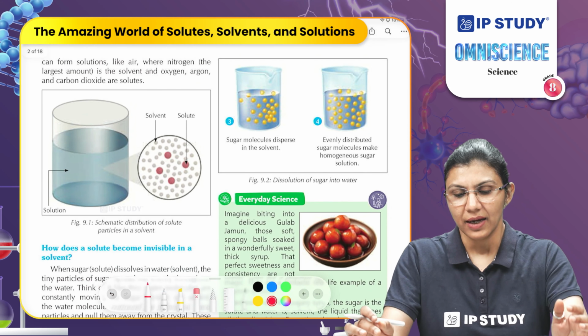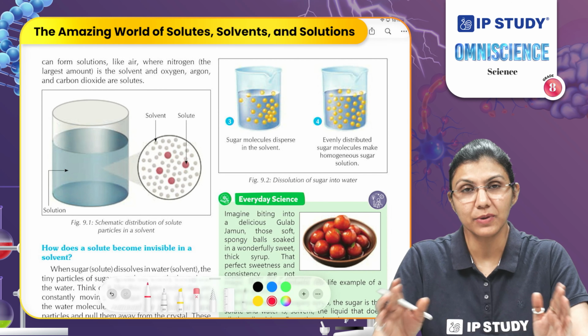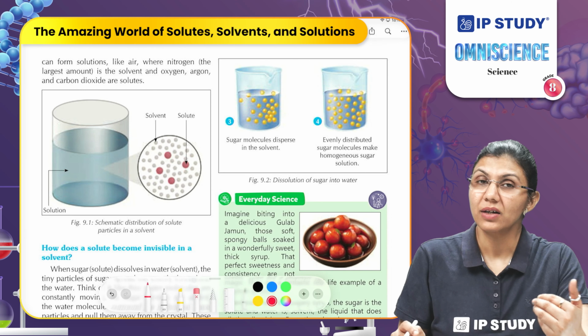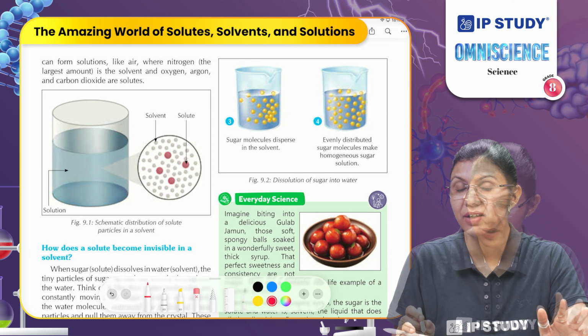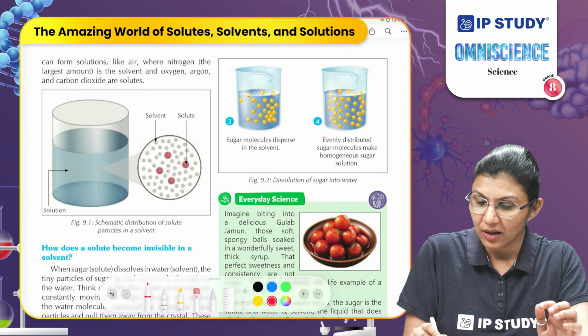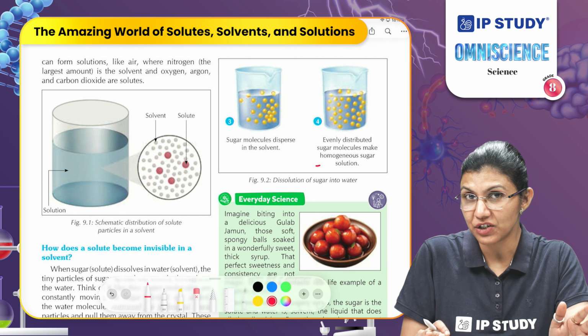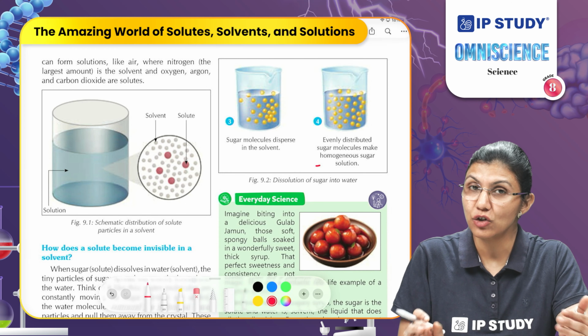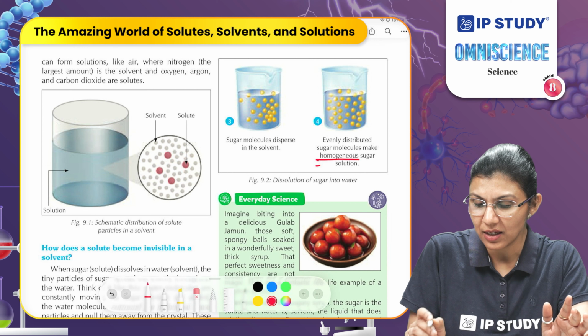So, if the sugar particles are dispersed uniformly, you will not see those particles in the solvent. And if the particles of any solute are unevenly distributed, what will happen there? It will make a heterogeneous mixture. And if it is uniformly dissolved or distributed, it will make a homogeneous mixture.